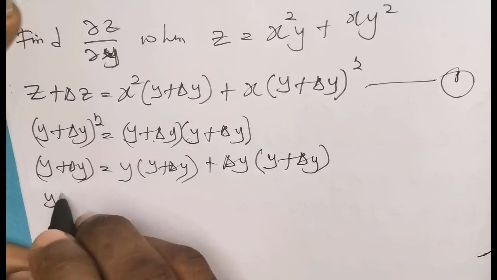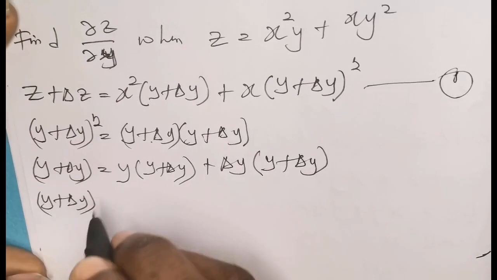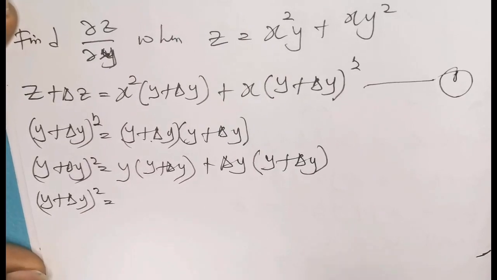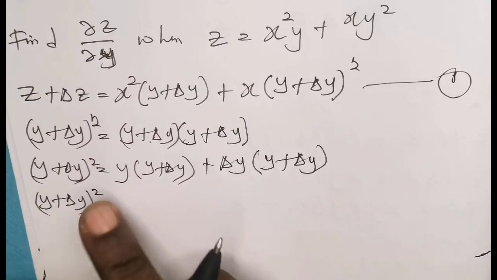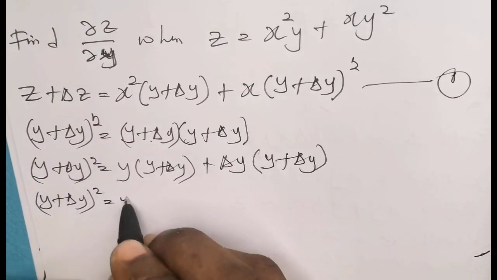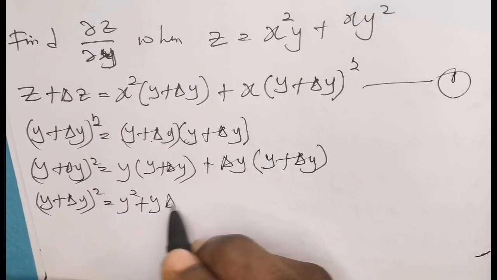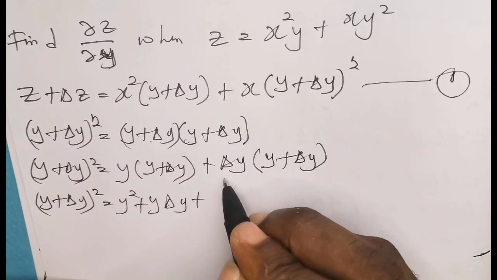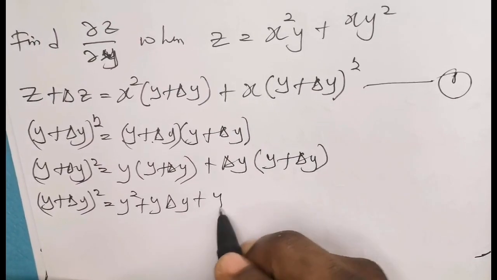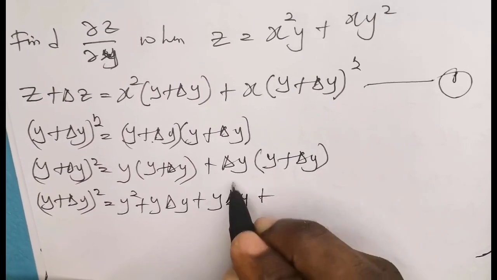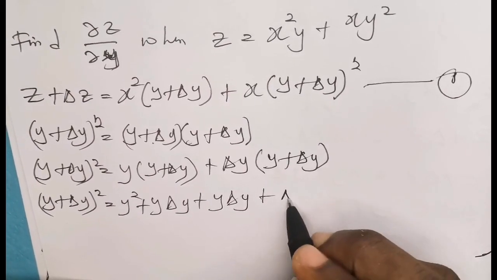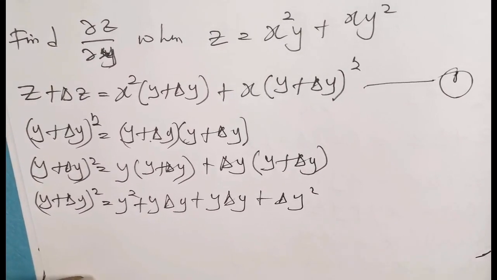So y plus change in y all squared, not forgetting all squared, is now equal to, y times y gives us y squared, plus y times change in y gives us y change in y, plus similarly change in y times y gives us y change in y, plus change in y times change in y gives us change in y all squared.